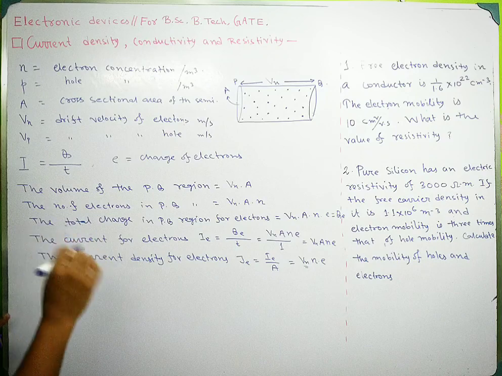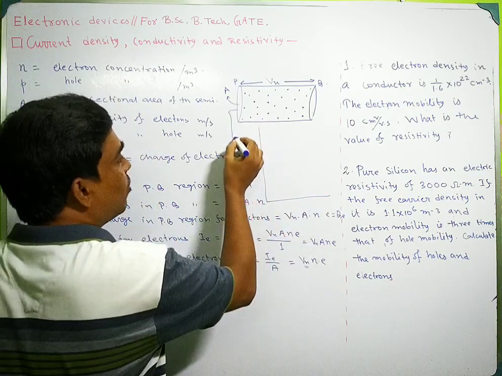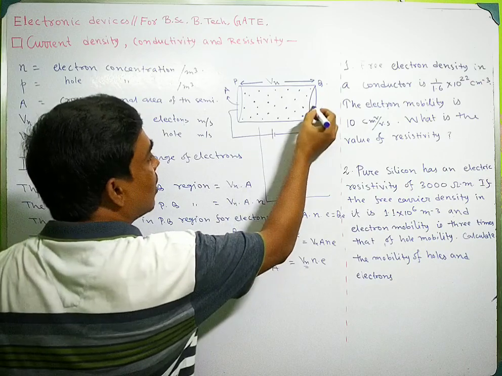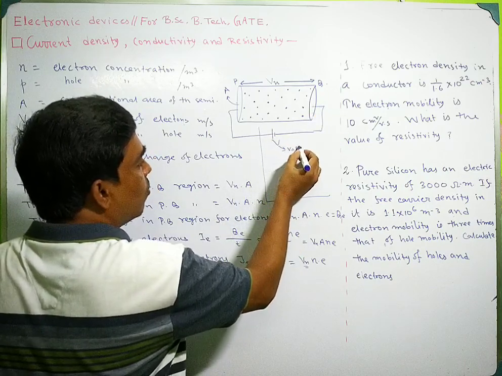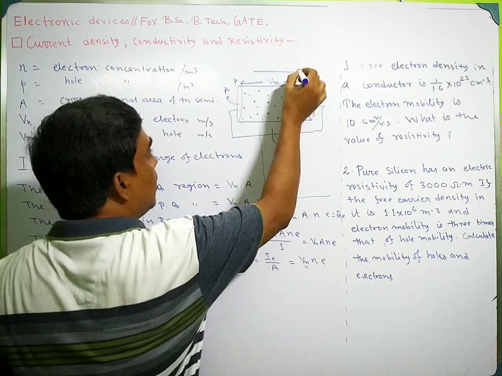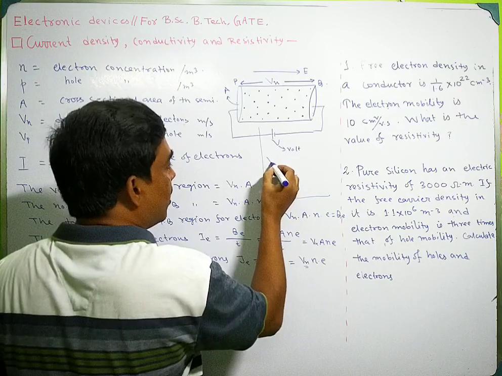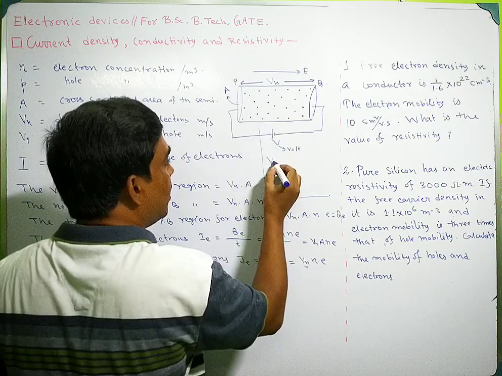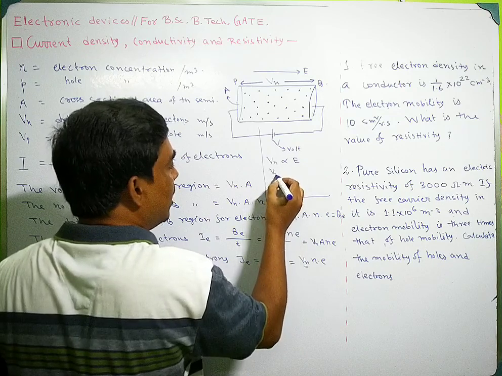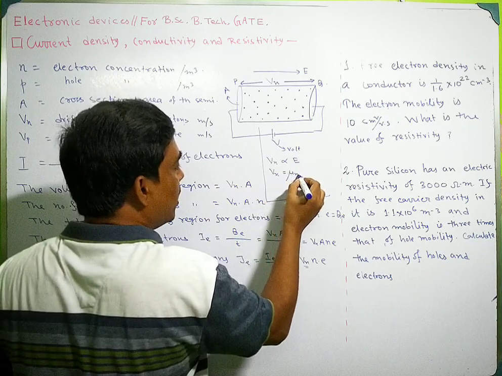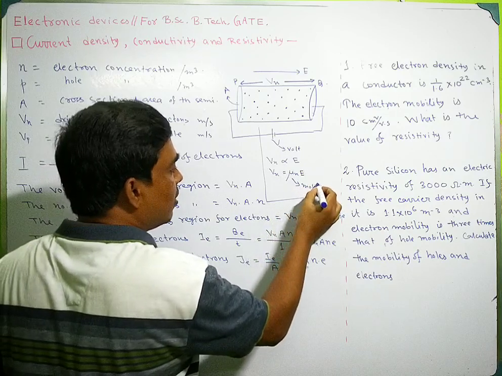For this V, which is volt, there is an electric field. For this electric field you can write that Vn is proportional to E. So Vn is equal to mu n into E. This mu n is called mobility.